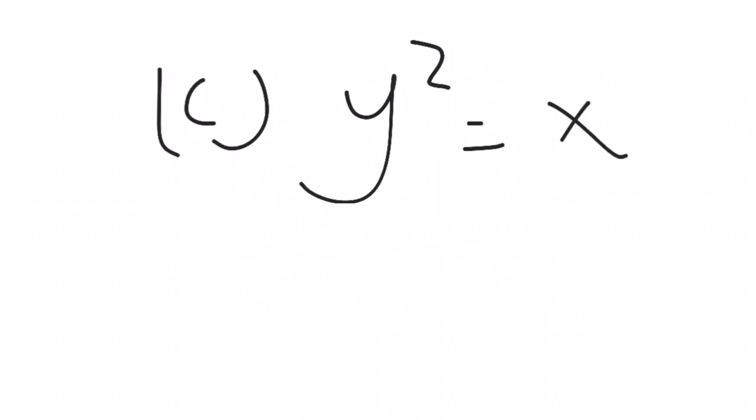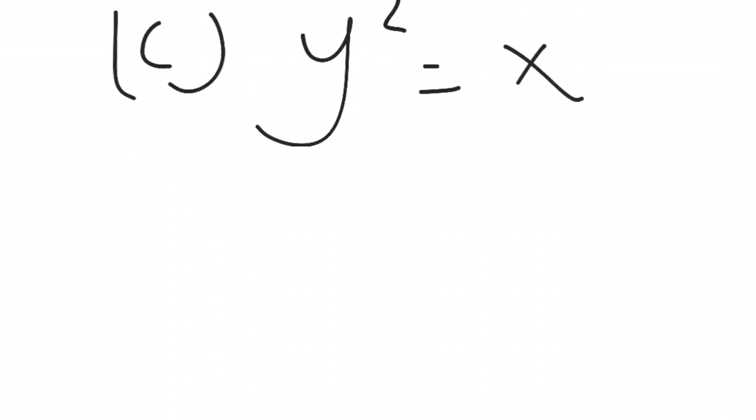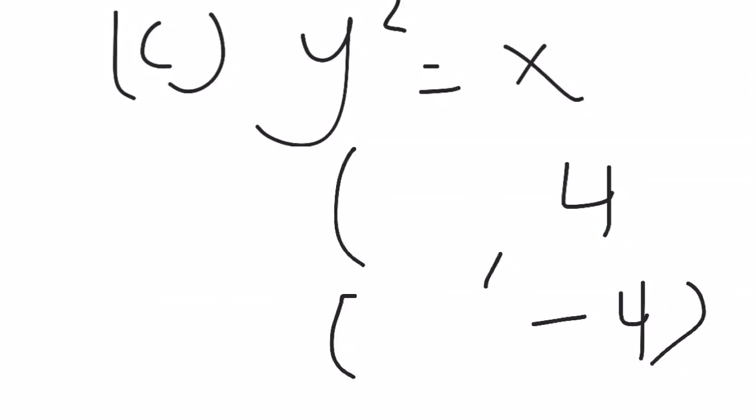So for part C, y squared is equal to x. Now, if you notice, we have both the y values 4 and negative 4, and we're going to figure out the ordered pairs for these.